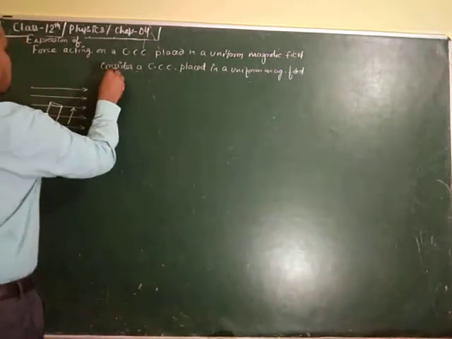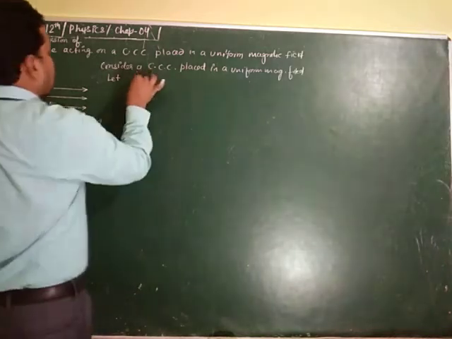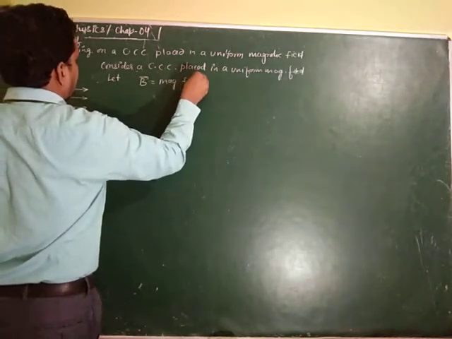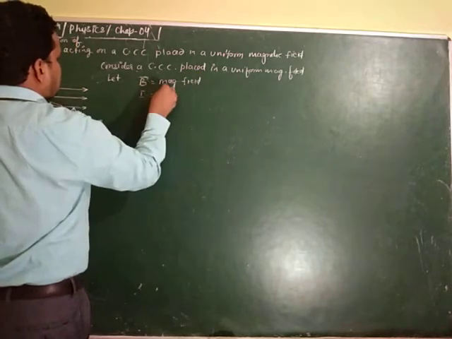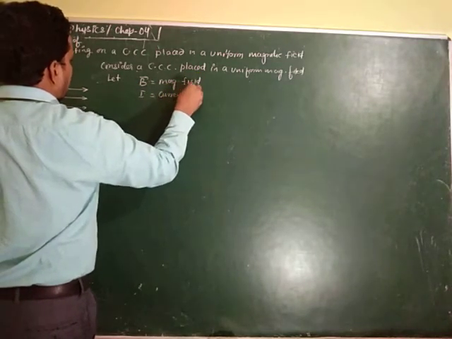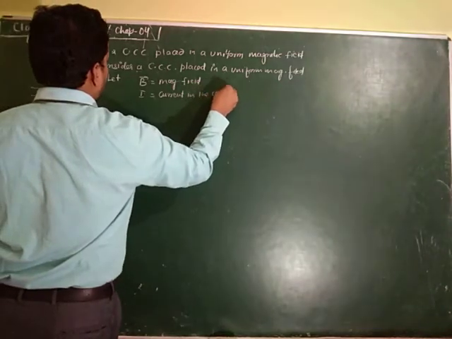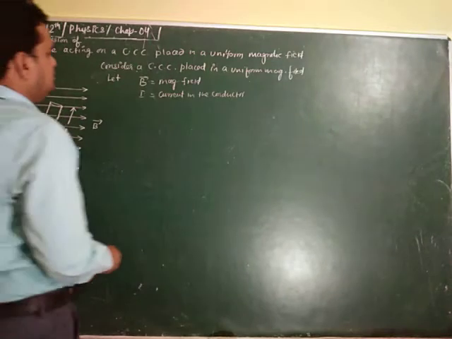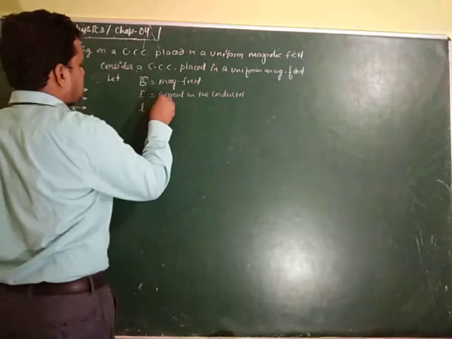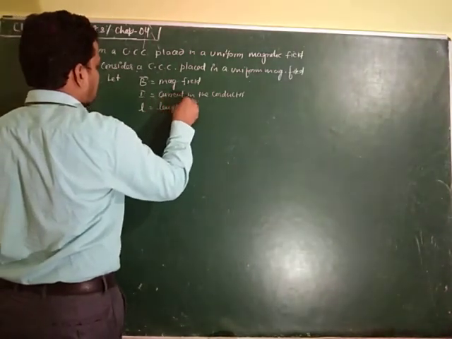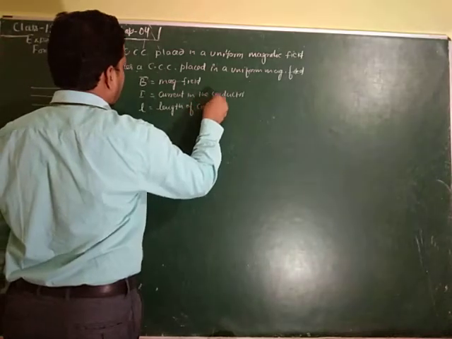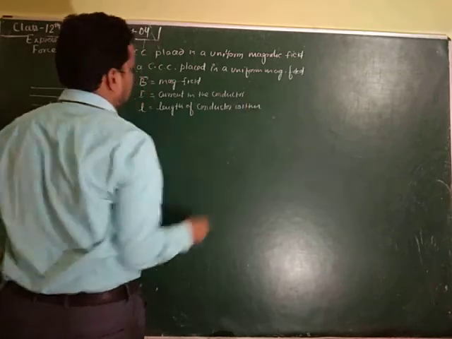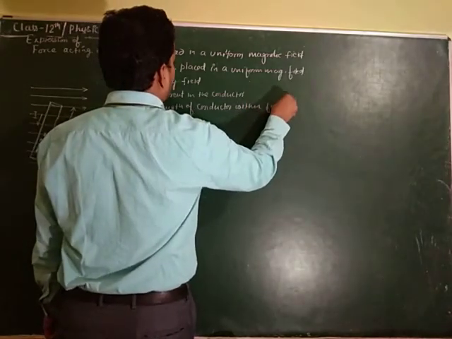Let B is equals to magnetic field, I is equals to current in the conductor. We will just assume all this data. L is equals to length of conductor within field.